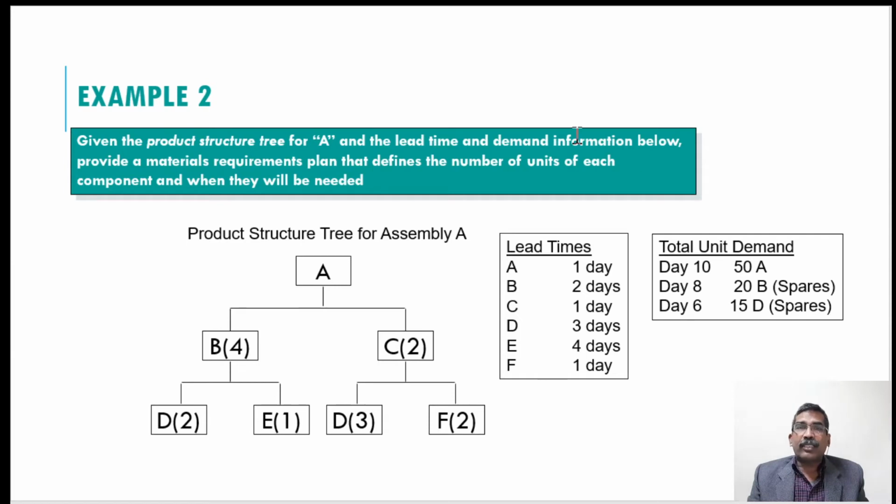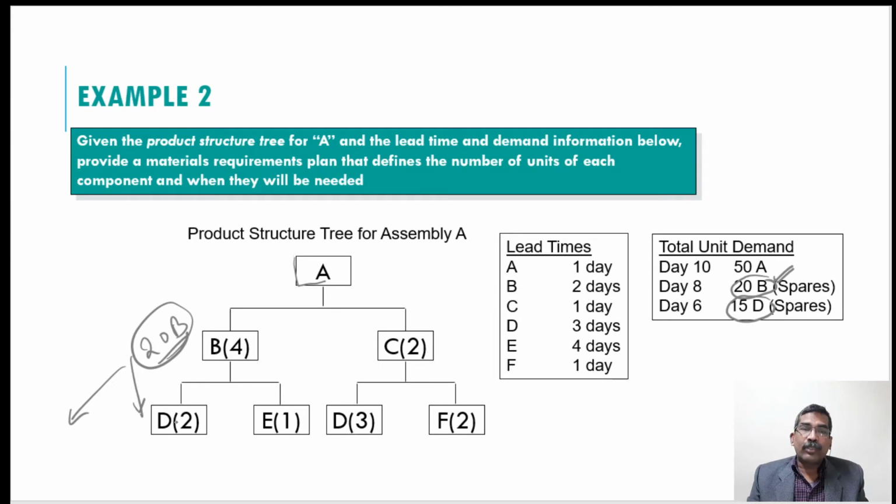Here you can see that if a spare part is required, then what should we do? Here this is the spare part, and 20B is required just like a spare part, and 15D is required just like a spare part. So if 20B is required other than the components of B required for the assembly A, there will be an additional 20 components of B, and for these 20 components of B there will be a requirement of D and E also.